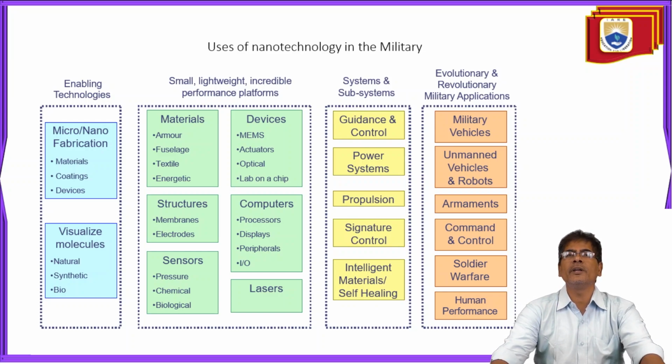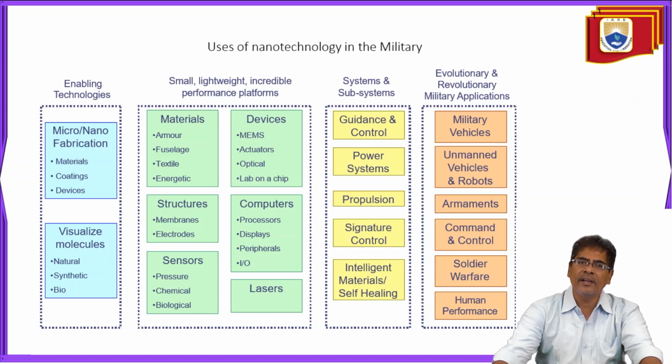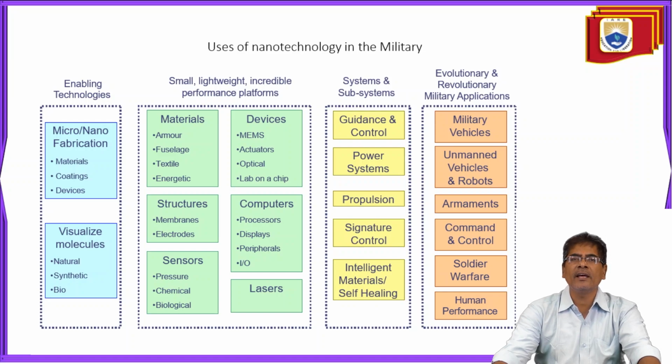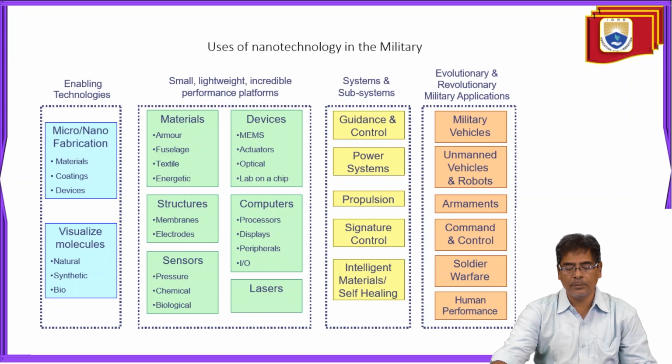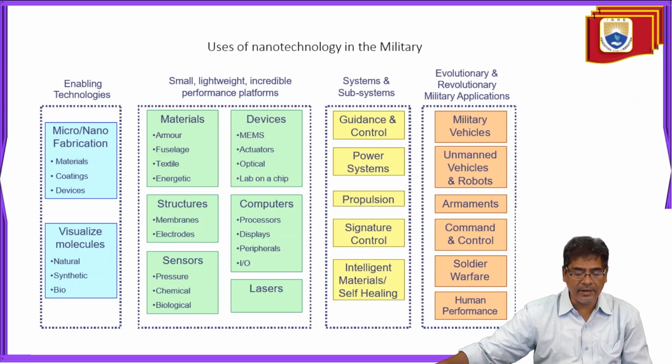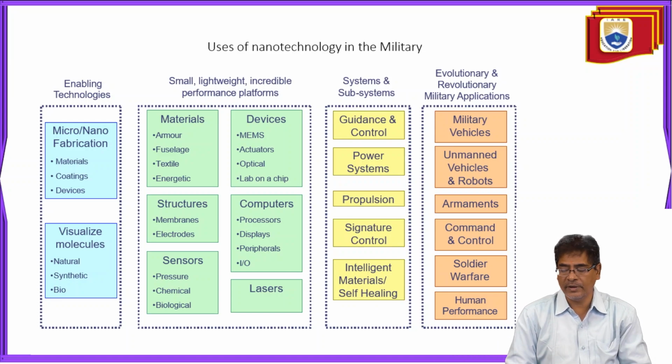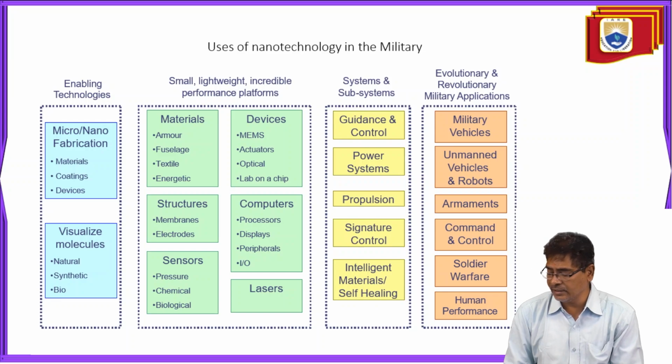So in enabling technologies, we have micro or nano fabrication, materials, coatings, devices, whereas in visualizing molecules, we have natural, synthetic, bio. In materials and devices, the armor and fuselage, and in devices, we have actuators, MEMS devices, optical devices, lab objects, and structures called membranes and electrodes, and processors, displays, and peripherals, where peripherals are input-output devices, and certain lasers also.